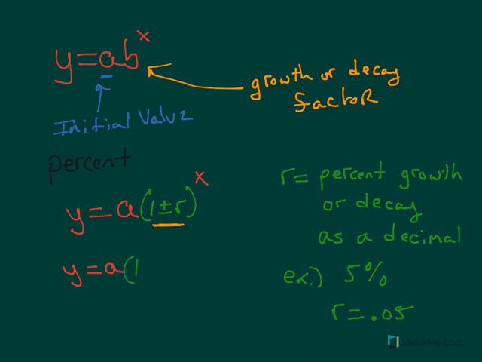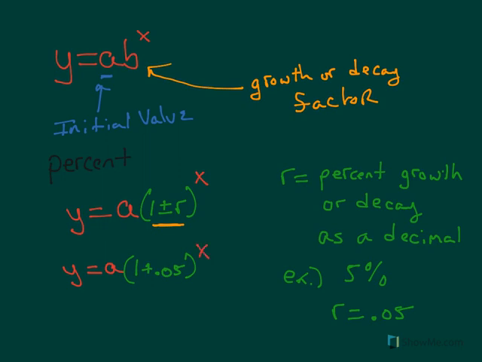it's going to be 1, since we're doing growth in this example, plus the r. If it was decay, it would be minus the r. So it's going to be plus 0.05 for the rate, to the x power.